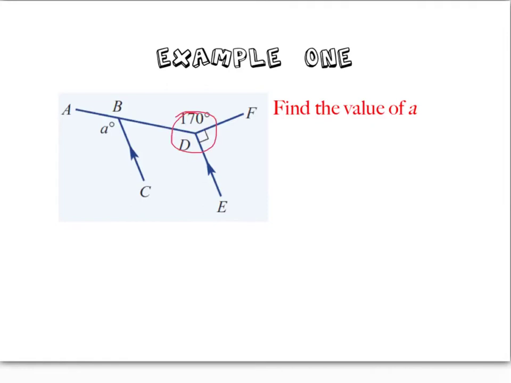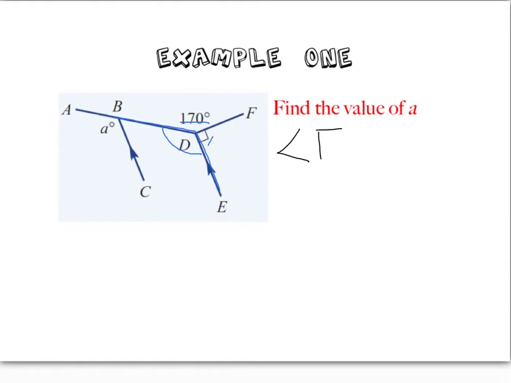Which must mean that my D, where the vertex is, must be part of that. So this angle here, angle EDB, must be 360 minus 170 minus 90. So I'll write that down.